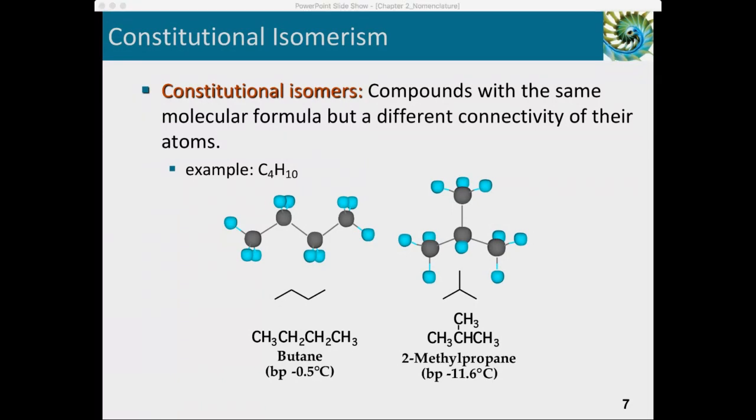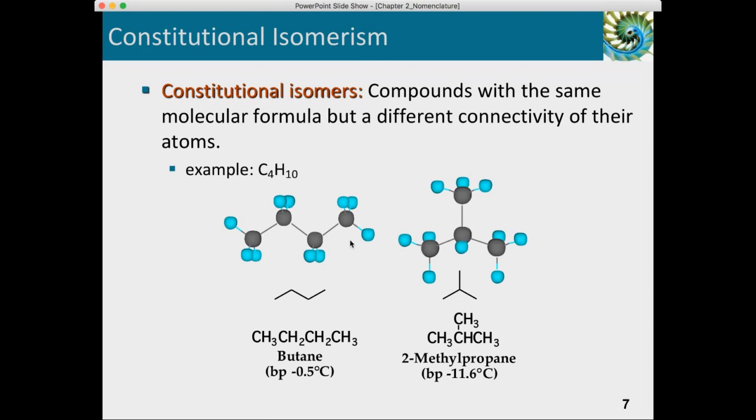So two compounds having the same molecular formula, we call them isomers. I want to emphasize that, okay? Same molecular formula, they are isomers. Now, in this particular case, they have the same molecular formula, different connectivity between the atoms. So the connection here is linear, the connection here is different.